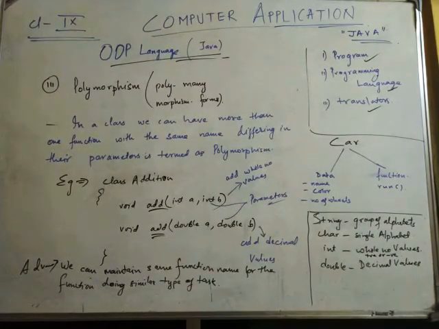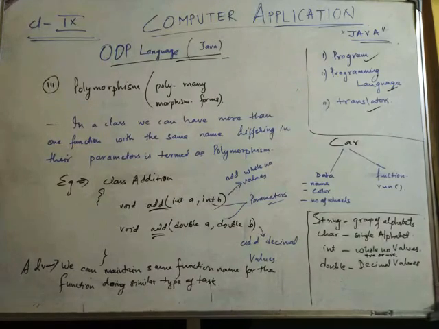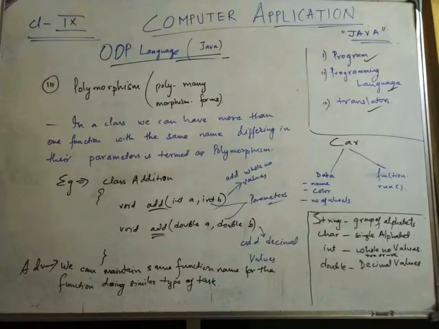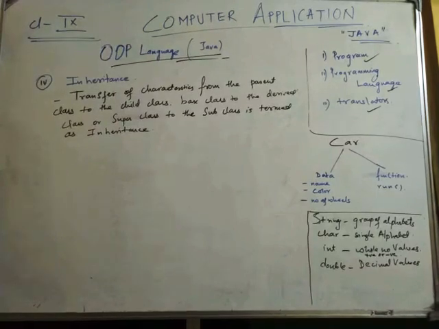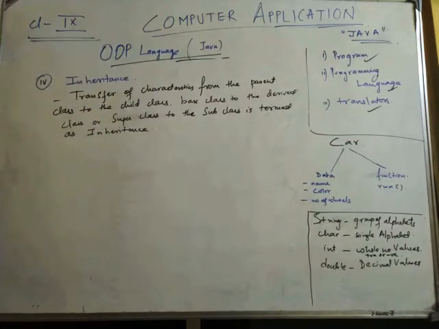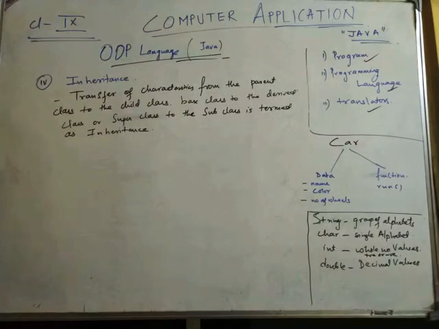Clear? These are three features of OOP language. Last we have inheritance. Inheritance is defined as the transfer of characteristics from the parent class to the child class, base class to derived class, or superclass to subclass. Clear?